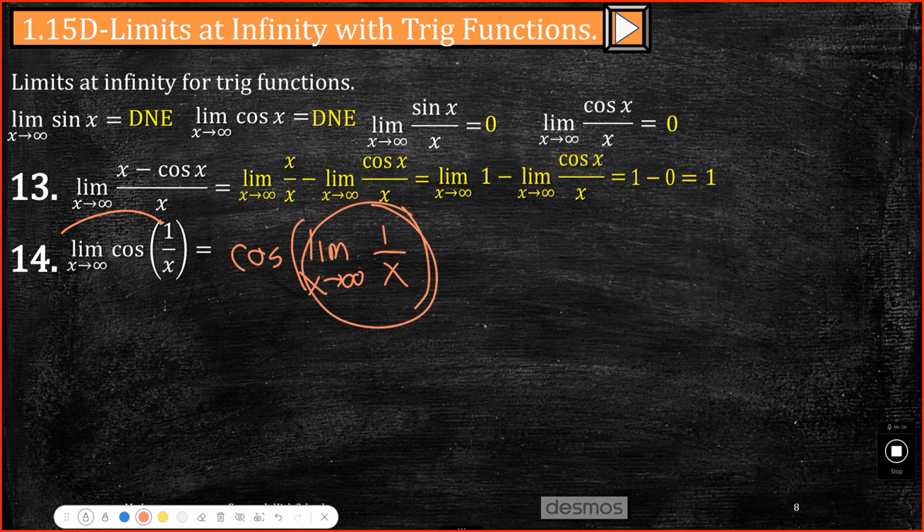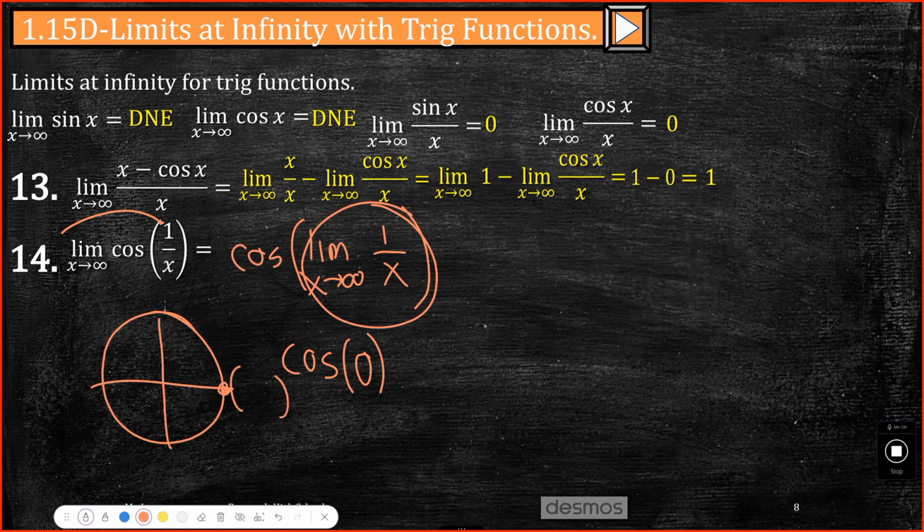This thing is going to become what? 0. So then we got cosine of 0, and you better know your unit circle. Cosine of 0 is what? Unit circle, 0 degrees. This is cosine. X is 1, y is 0. So this is x, this is y. Cosine is x. The answer is 1.